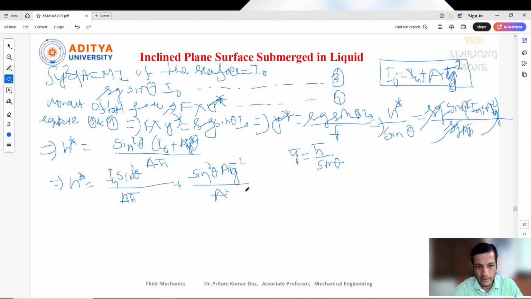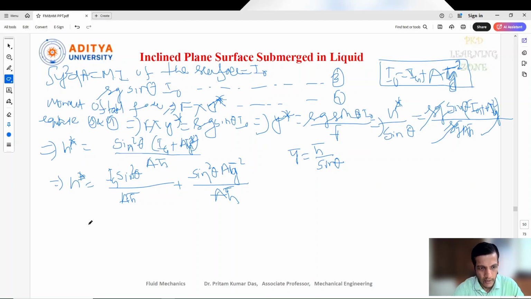Now we'll do one thing: on behalf of this y bar, y bar we can write h bar by sine theta. So put the value of y bar square here.